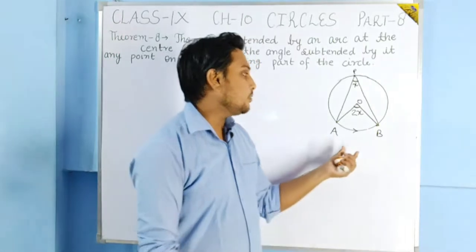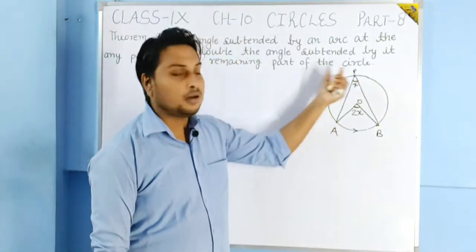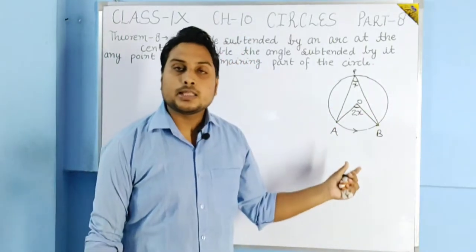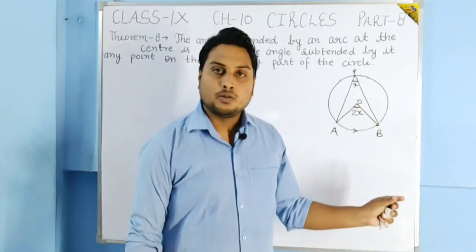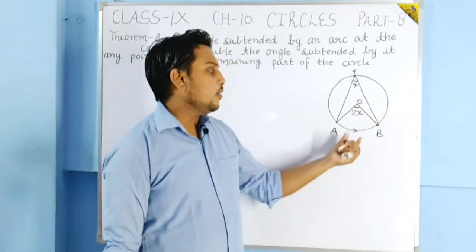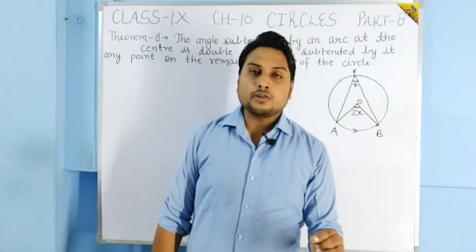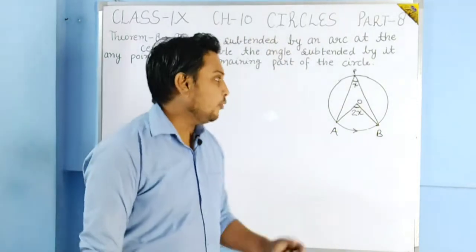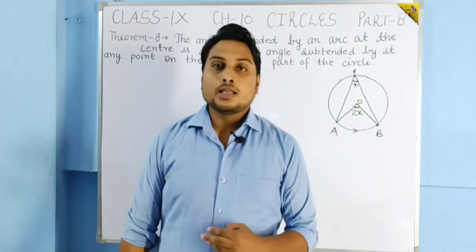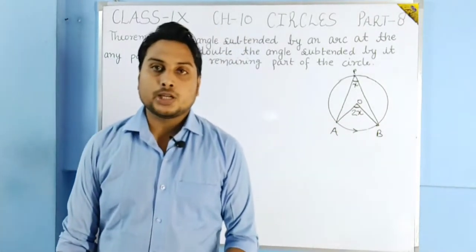And the third case is based upon the major arc. Here we will see only the case of the minor arc, and you will try to prove this theorem yourself for the semicircle and for the major arc.